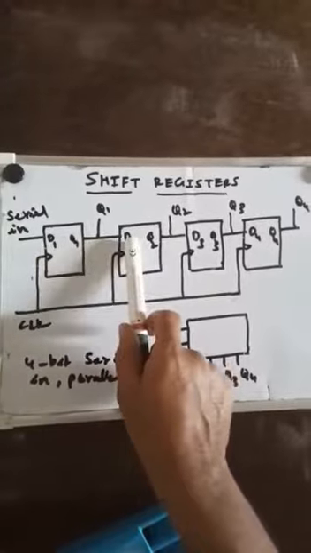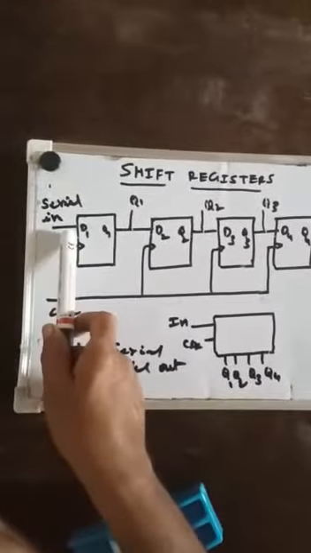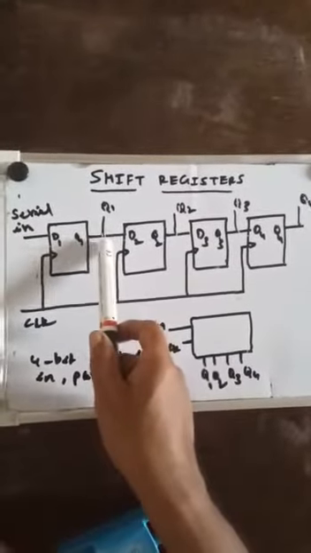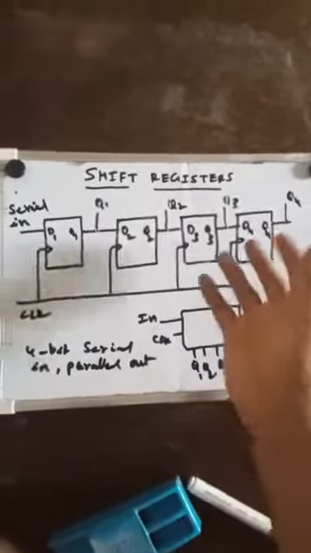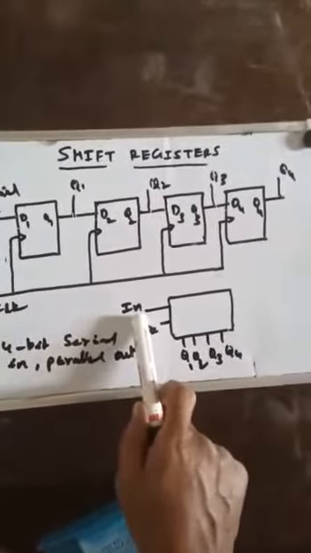So if you consider the output from Q1, Q2, Q3, Q4 at a time, and the data is given and transferred as usual, if at a time you want to consider the data Q1, Q2, Q3, Q4, then since we are applying a single serial input, and at the same time we are taking out all 4 outputs, that's why it is called a parallel out shift register. In the block here, the input is there, the clock is here like this, and we have 4 outputs at a time.